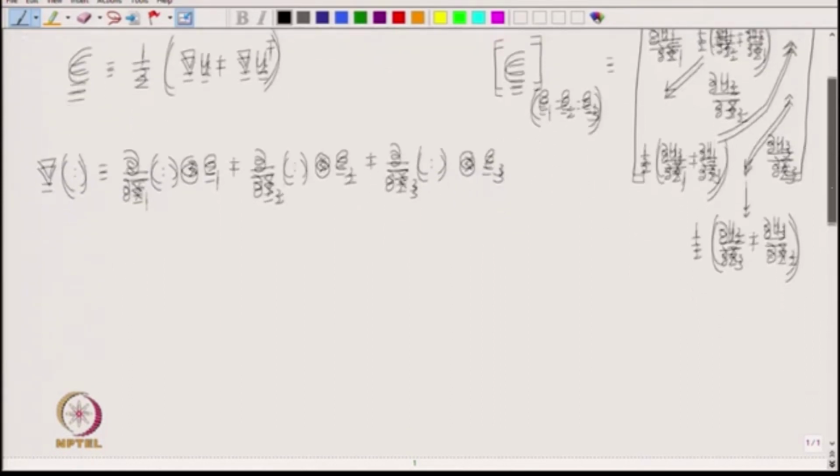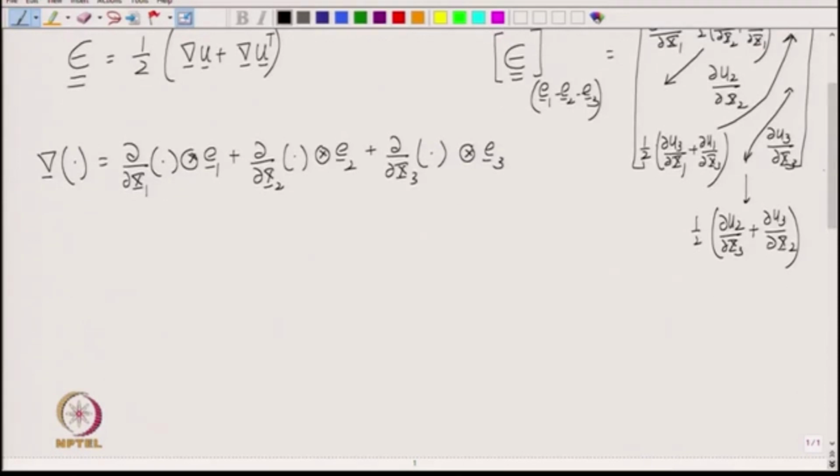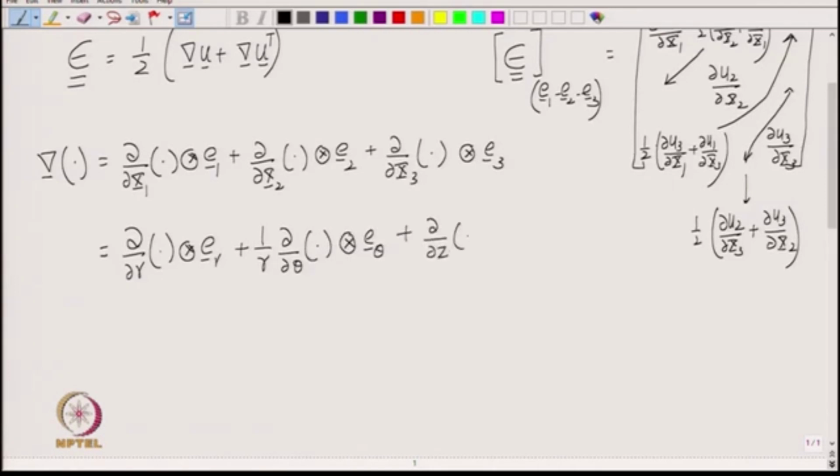That is using the Cartesian coordinates x1, x2, x3, but if we want to use cylindrical coordinates, then we could write this as del over del r of the quantity tensor product E r plus 1 over r times del over del theta of the same quantity tensor product E theta plus del over del z of the quantity tensor product E z.